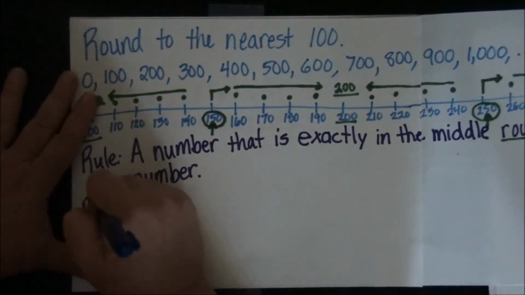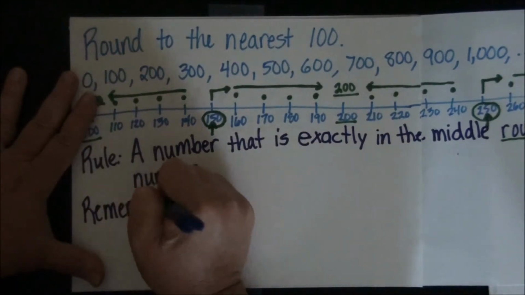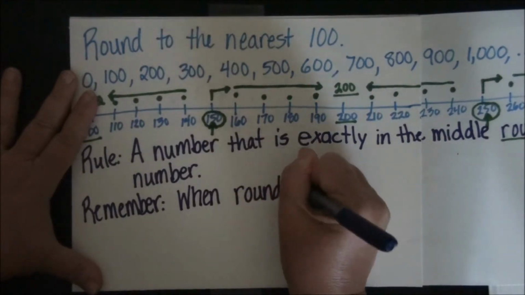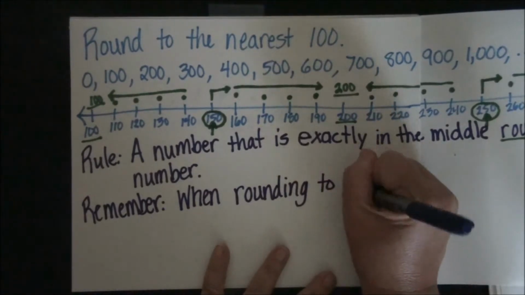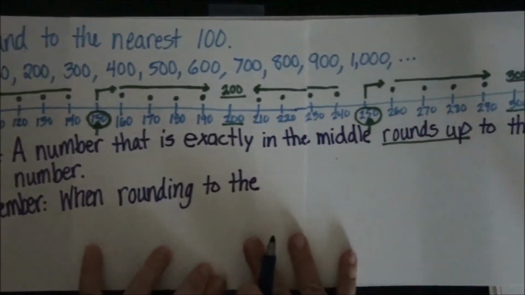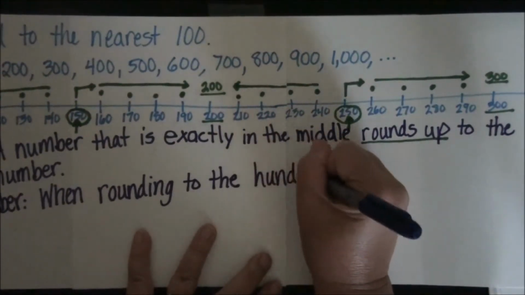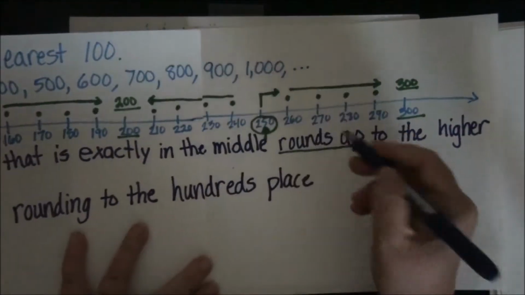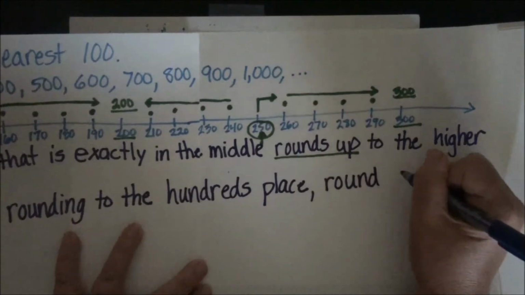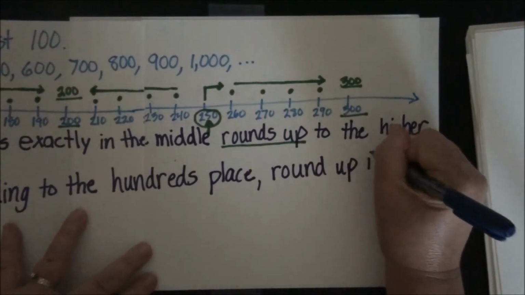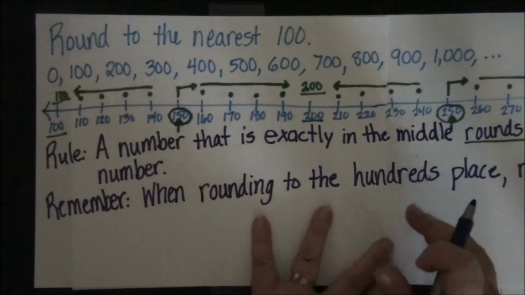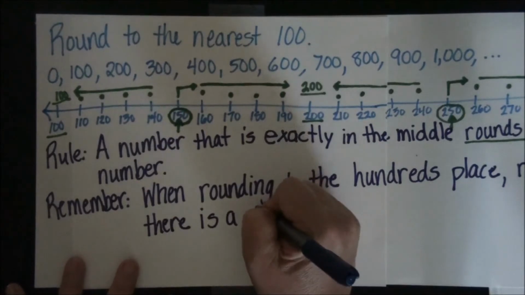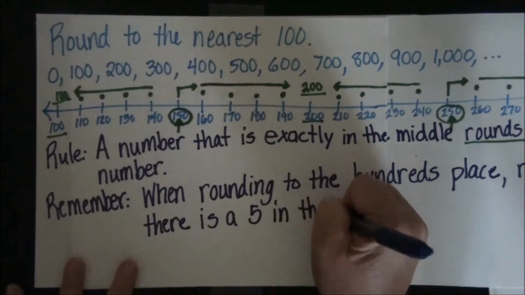Okay, so remember, when rounding to the hundreds place, round up, there's that term again, round up if there is a 5 in the tens place.